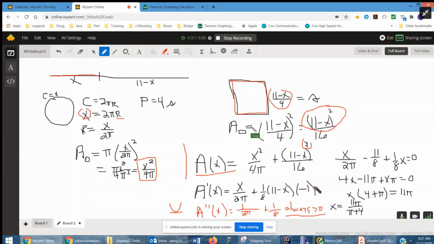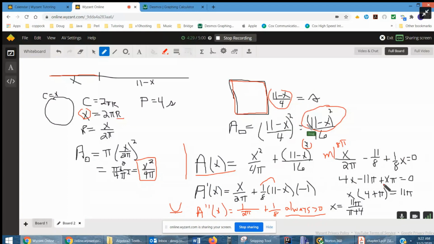Okay, so I want to know, when does this first derivative equal 0? Here I've distributed this -1 times an eighth is -1/8, and that's where I ended up with these. I multiplied every term of this equation by 8 pi to clear the equation of fractions. So 2 pi into 8 pi is 4. 4 times X is 4X.